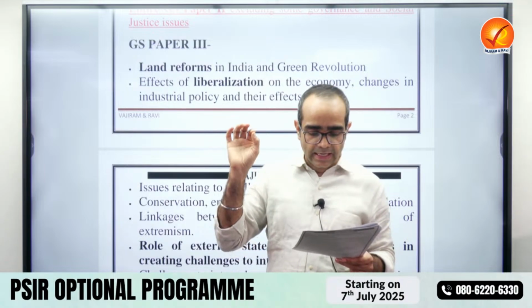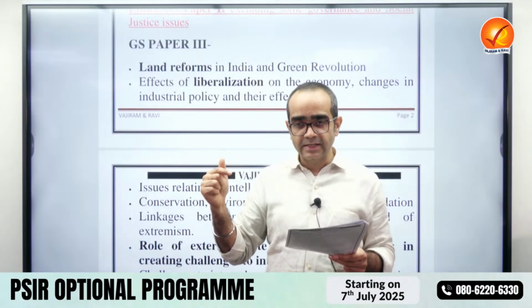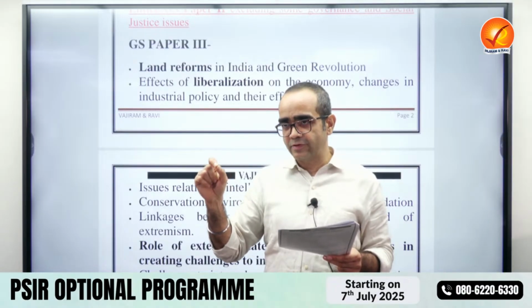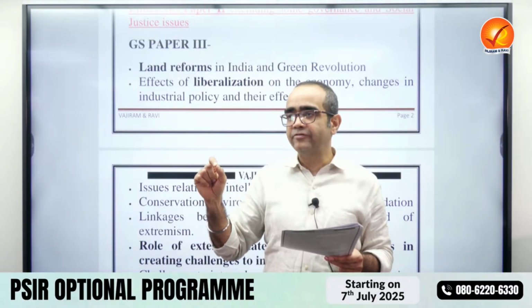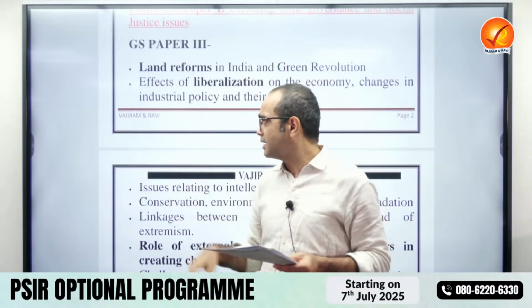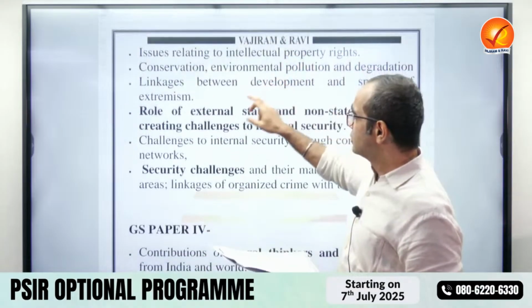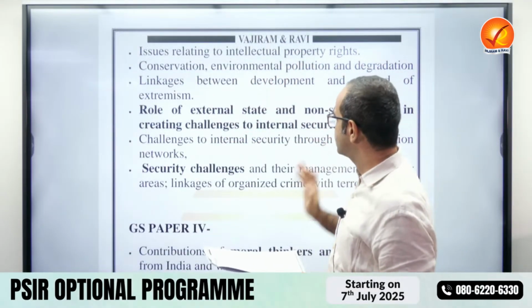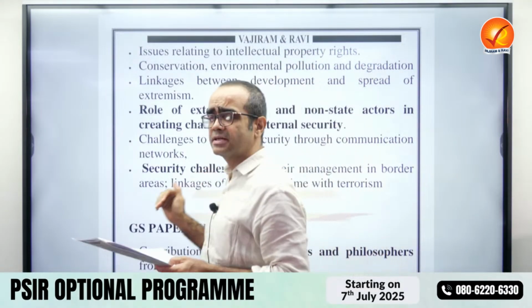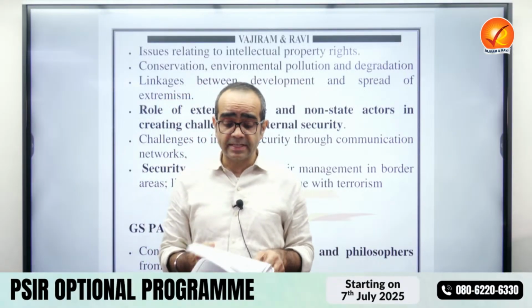Can you see the Nehruvian and Gandhian perspective, the role of planning and public sector, and a topic called Green Revolution and land reforms and agrarian relations? Same thing. So this highlights the interlinkage. And you can see the role of external state and non-state actors that you will be discussing extensively in PSIR paper 2.